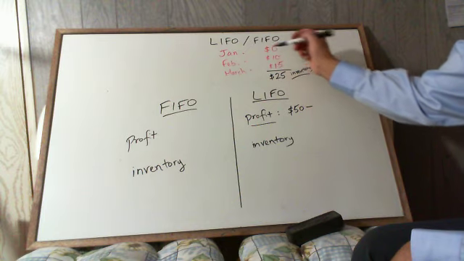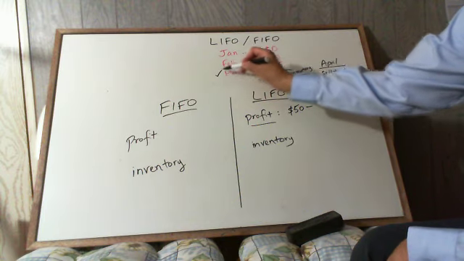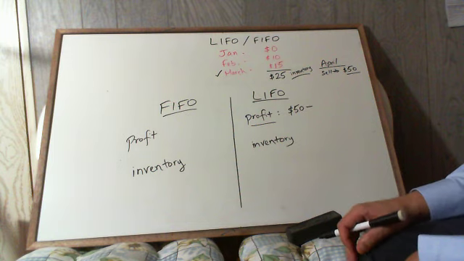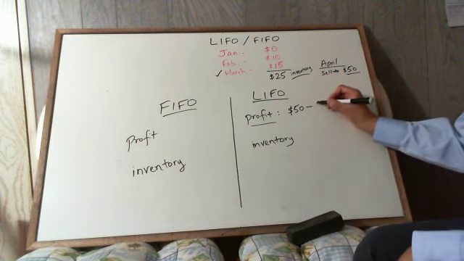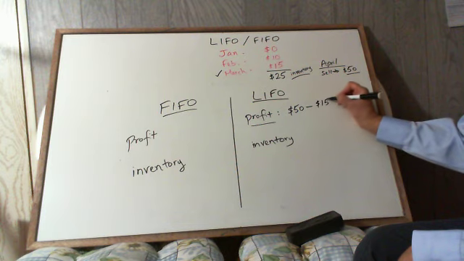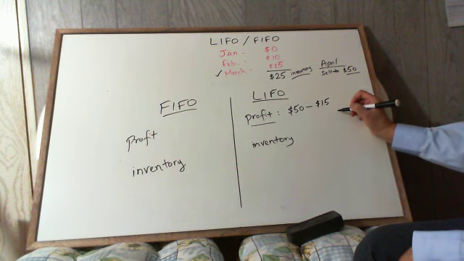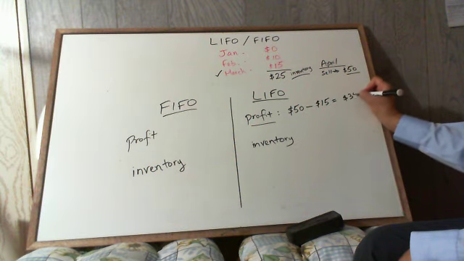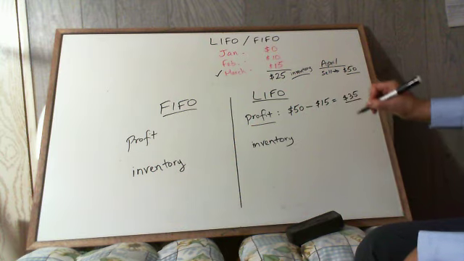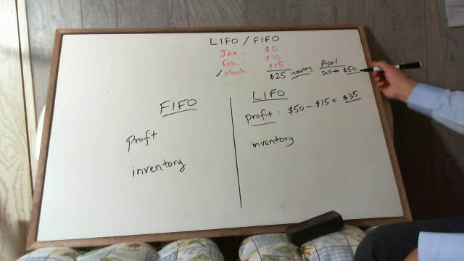The last in will be, in this case, March. March was our last price or cost of the product. So we're going to take $50 and minus $15 from it, and we are going to say that our profit was actually $35. So that is our profit for this selling.